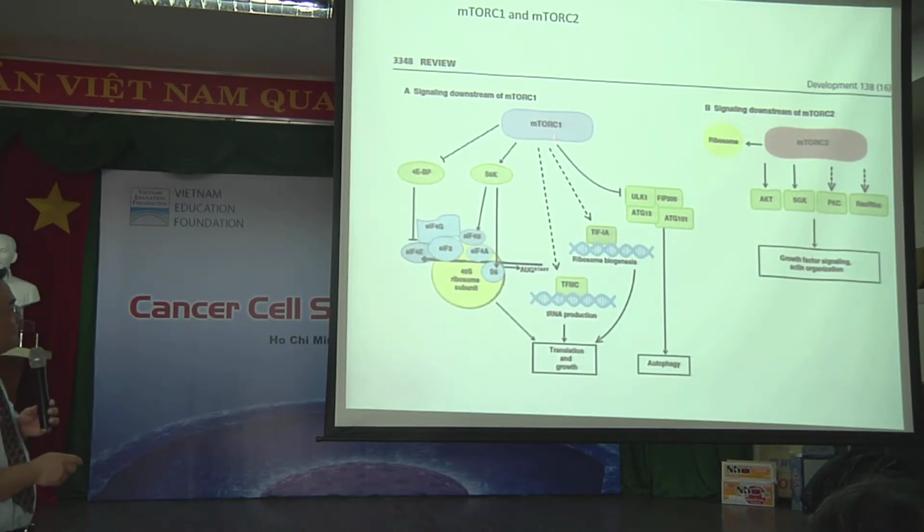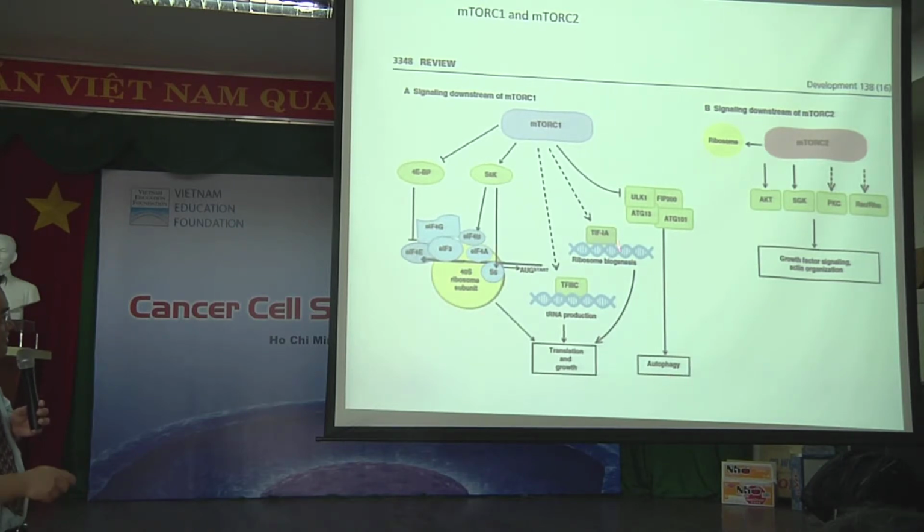They have a role involving S6 kinase, okay? A role to phosphorylate 4EBP1. So EIF4E will be able to turn on the translation process of the protein. Okay? The EIF4E, EIF4G, EIF3, etc. So keep in mind, mTORC1 has this capability to regulate autophagy, to regulate the translation of the protein, and thereby promote cell growth.